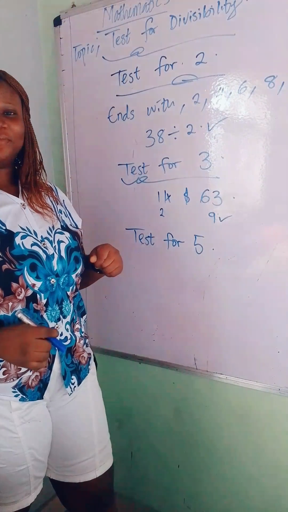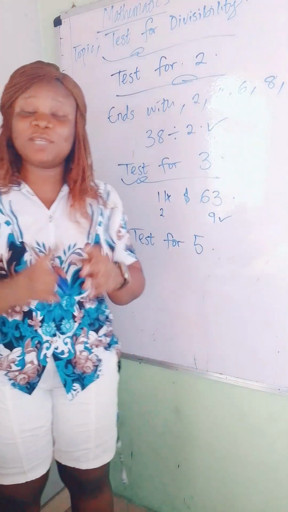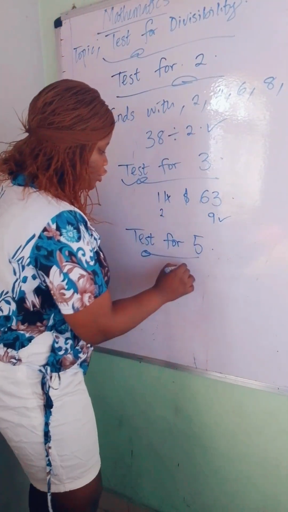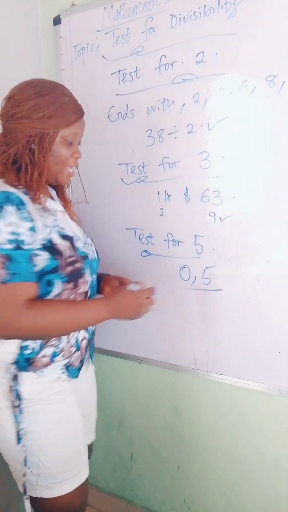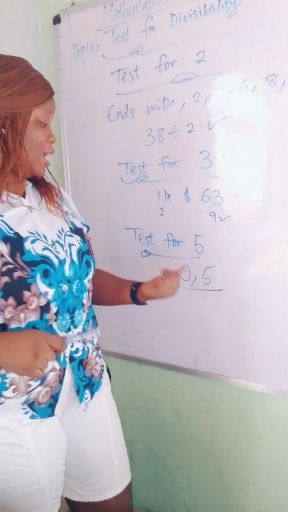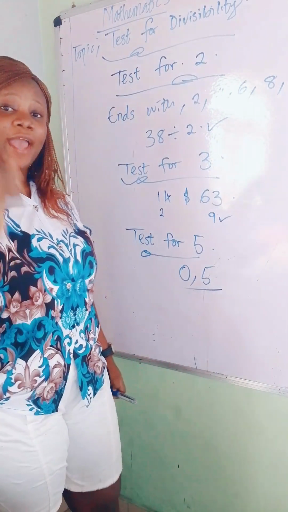Test for 5. Okay? Now, for a number to be divisible by 5, the number must end with 0 or 5. Easy, right? So if you see a number that ends with 0 or 5, that means the number can be divisible by 5.